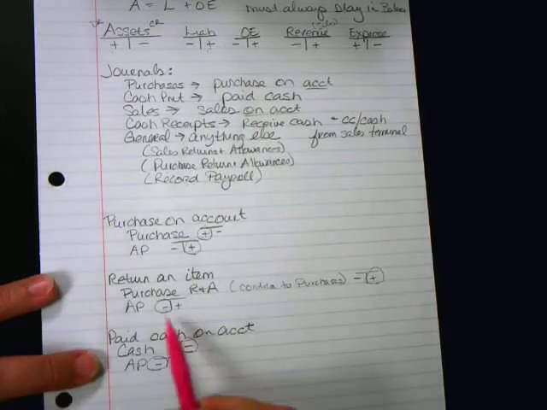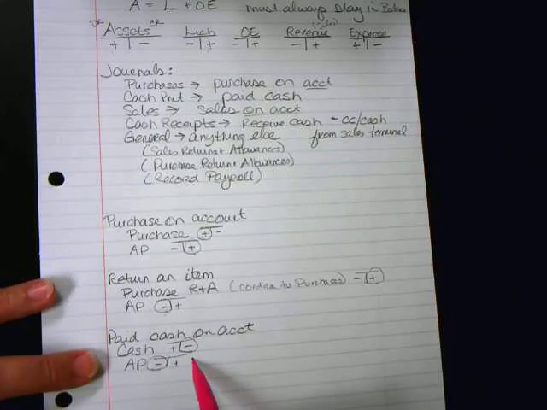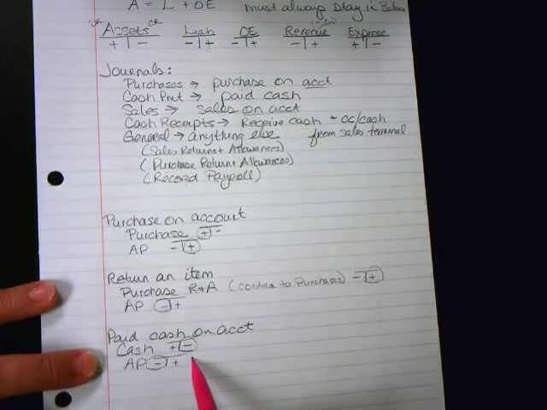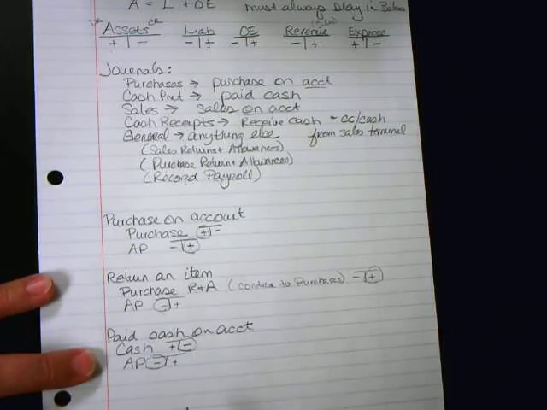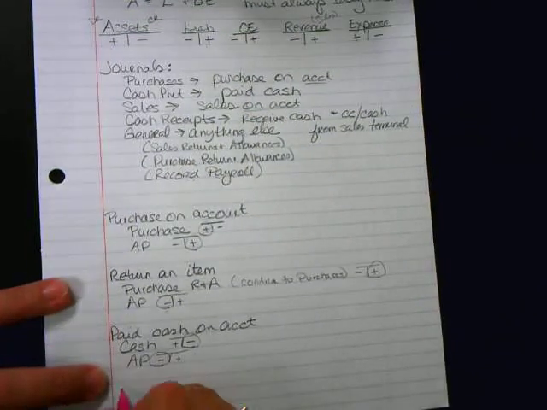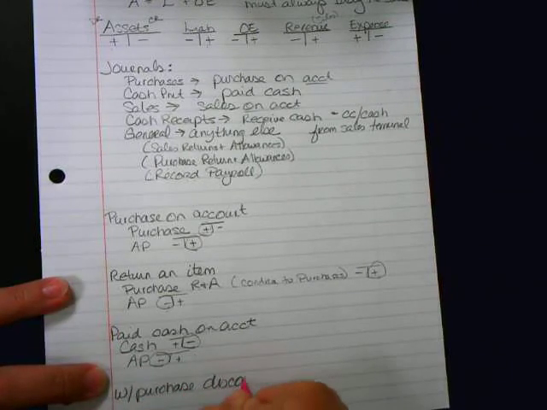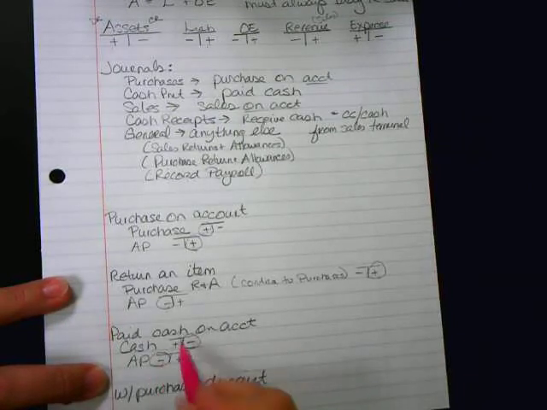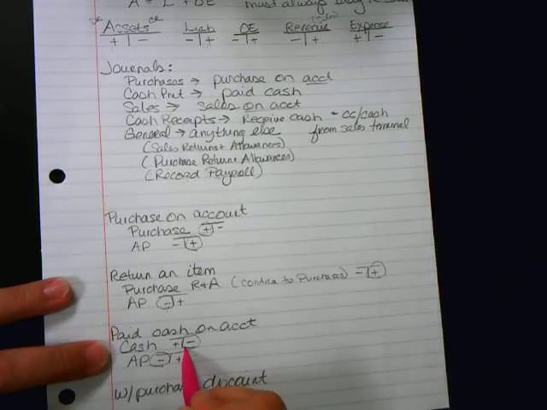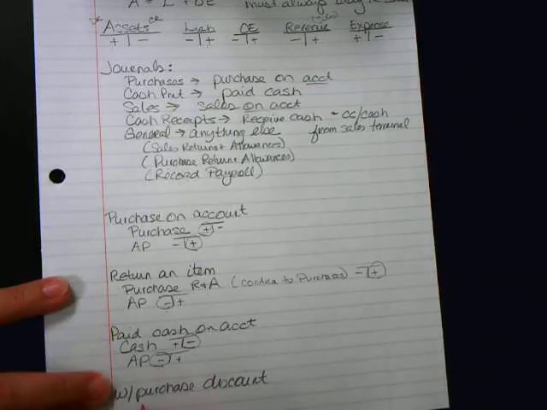Okay, then if we have an agreement with the person that we are purchasing this from that we get a discount if we pay it quick, you may have that purchase discount. So with a purchase discount, this same thing will happen, except that we're not going to have to pay as much cash, and we're going to record that extra in a purchase discount account.